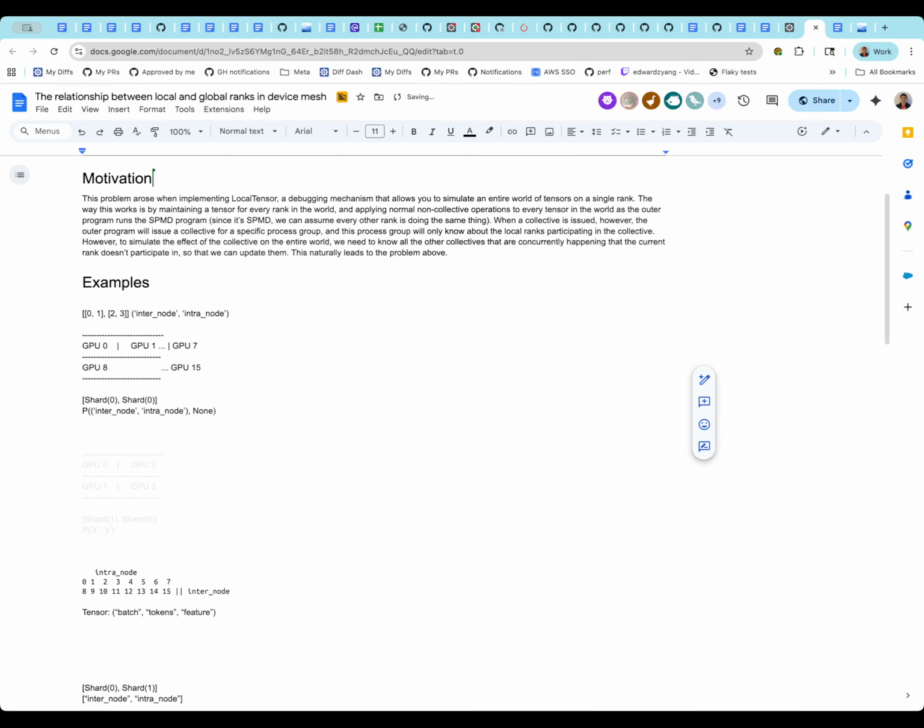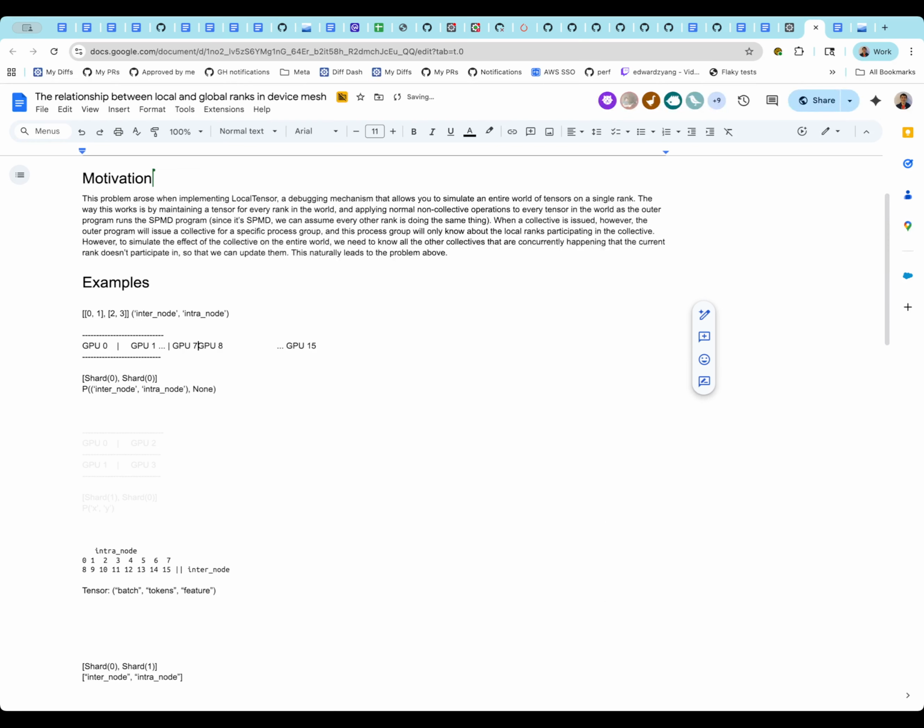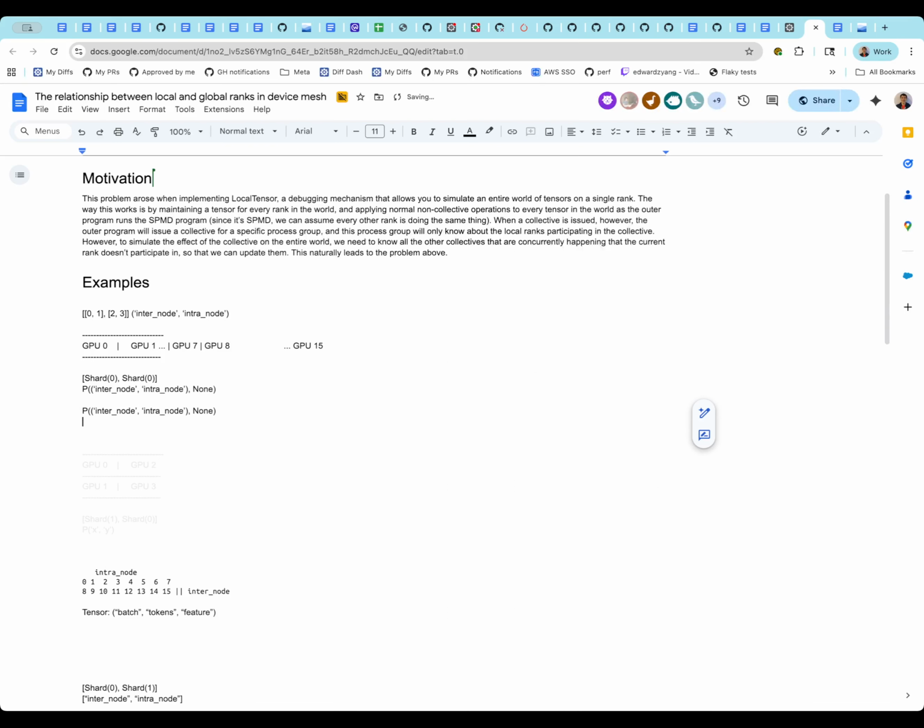What this means is that I want to shard the 0th dimension of the tensor on the internode dim and on the intranode dim. So it ends up looking like this. And to make matters worse, this is not the same thing as this. This is a different thing. But you can't conveniently express that with the PyTorch notation.